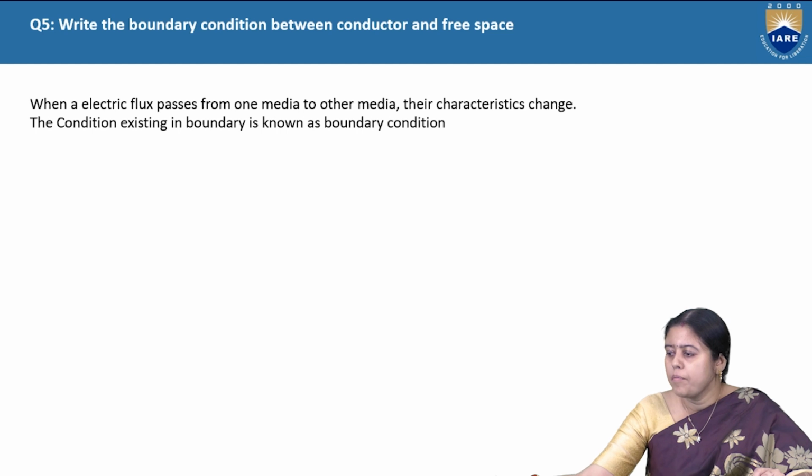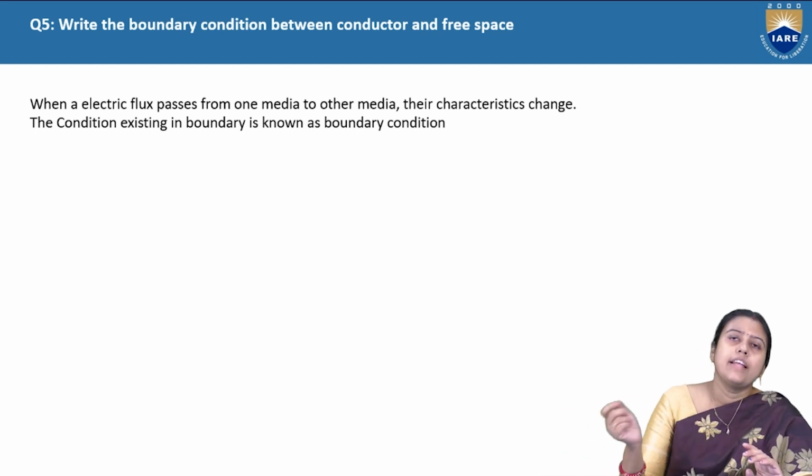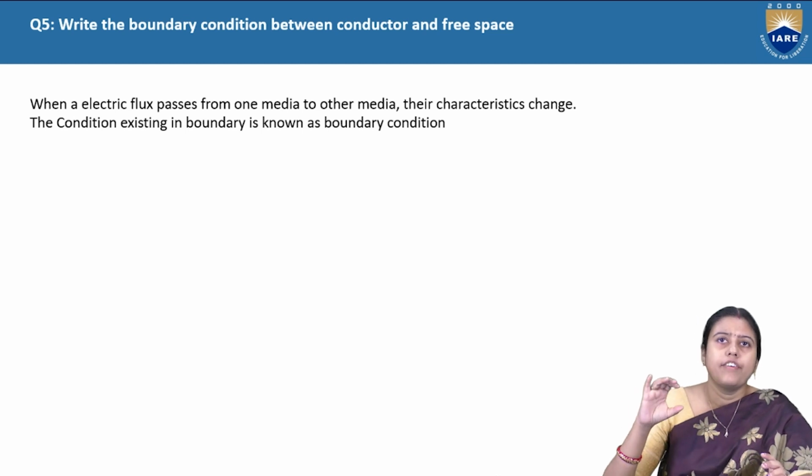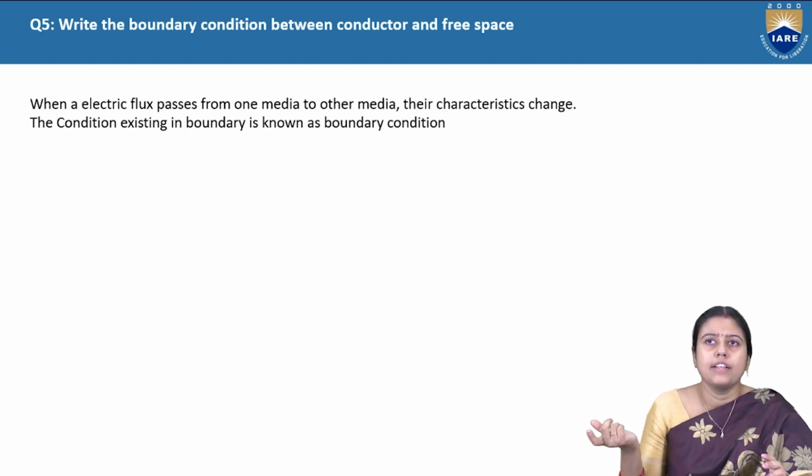I am giving one more example: if there is an overhead line, when current passes through it, the electric flux goes from one medium to another medium and the characteristics change.